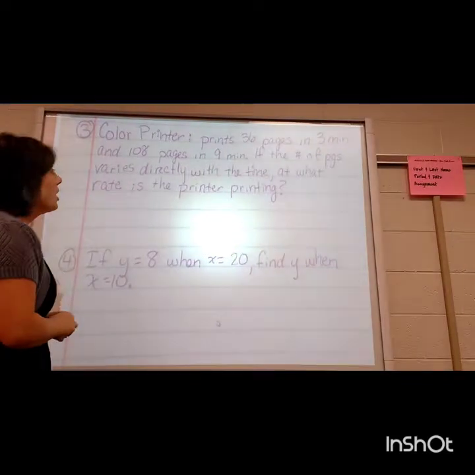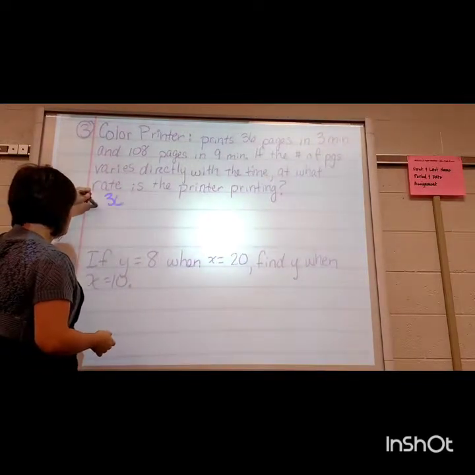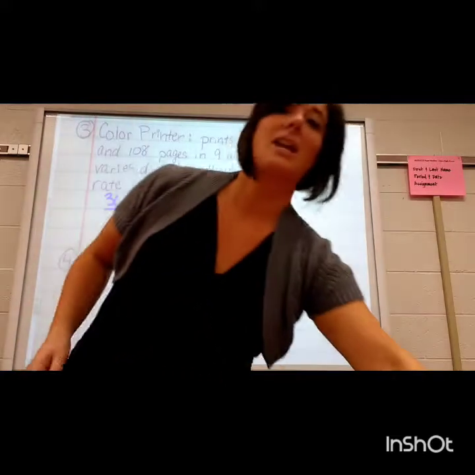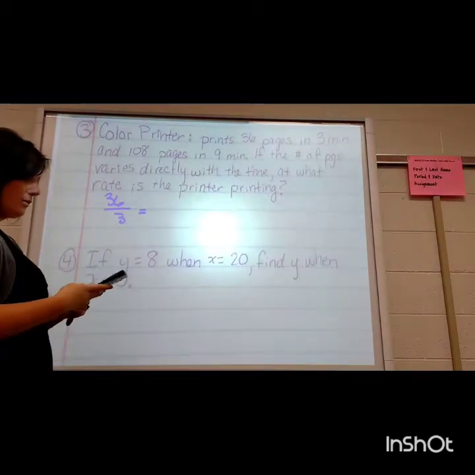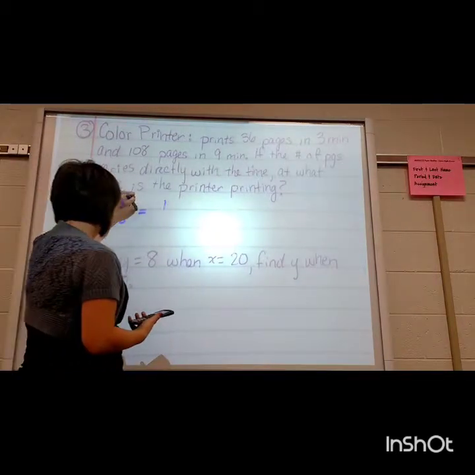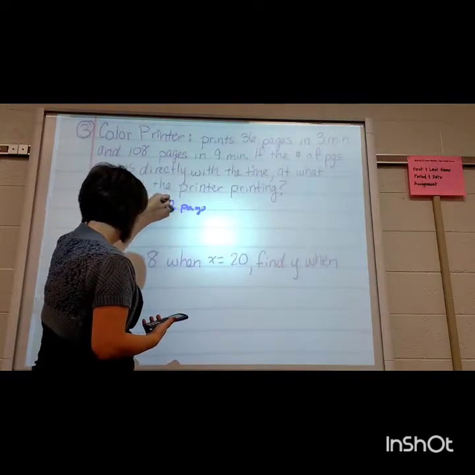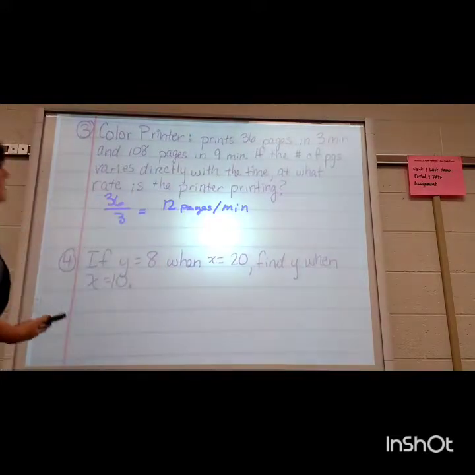The first one was 36 pages in 3 minutes. So I'm going to do 36 over 3, and I'm going to simplify that. You're going to take your calculator and do 36 ABC 3, and that gives you 12. This 12 means 12 pages per minute. Okay, then let's do the second fraction to make sure it's 12 pages per minute.